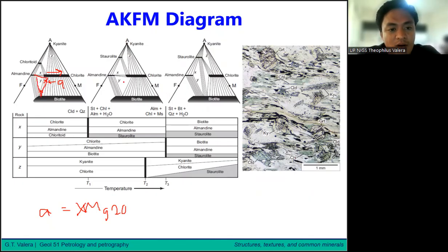Okay? So this is our A now. At this point, as you noticed, no reaction happened. It's just that the chlorite and biotite tie lines changed because of increasing temperature.